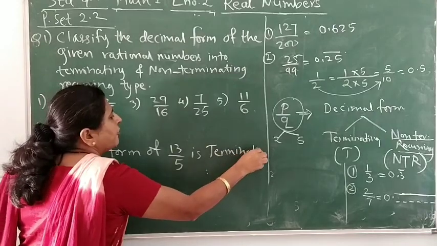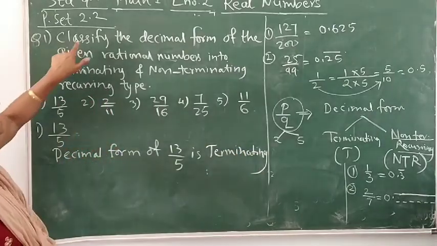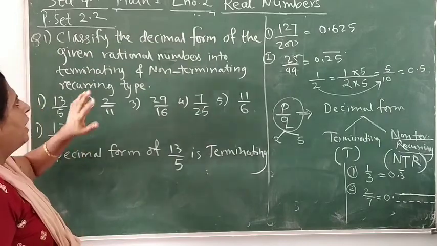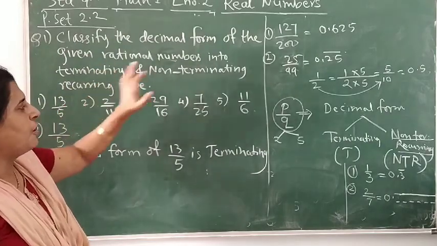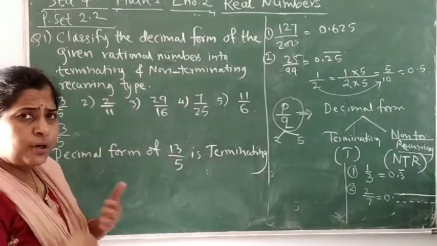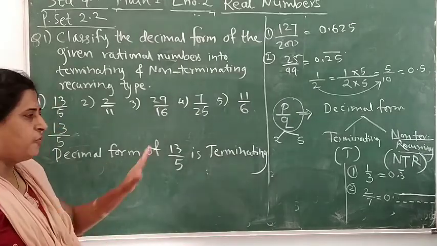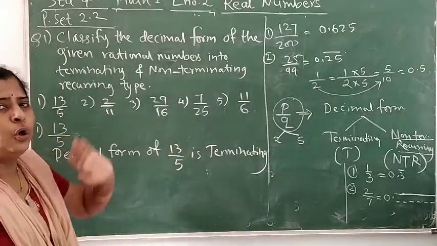We can write it directly because the question says classify the decimal form of this rational number as terminating or non-terminating. We don't want the decimal form itself, we only want to know whether it is terminating or non-terminating.